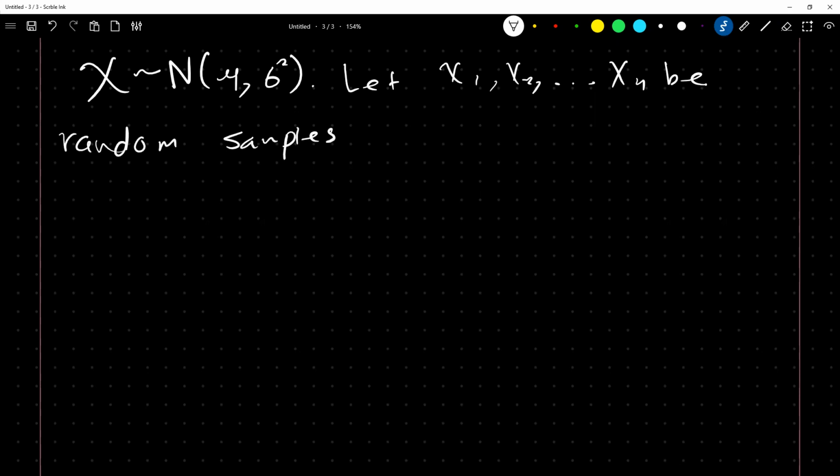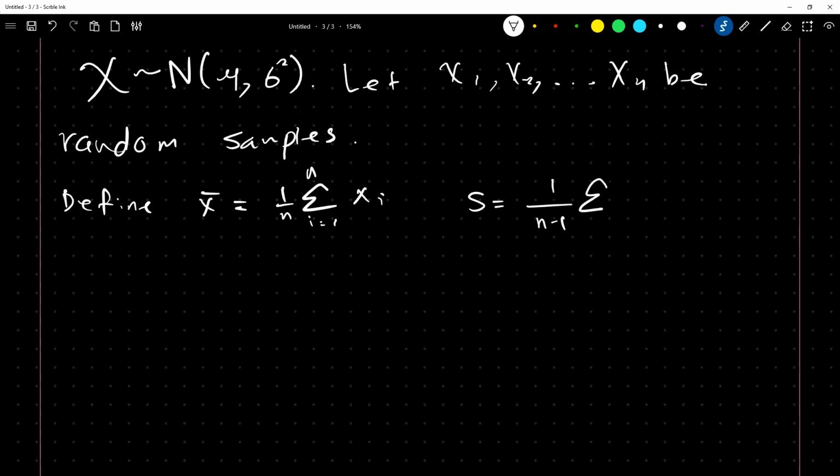And we're going to go ahead and define our sample mean to be what you normally would expect. And then our sample standard deviation will also be the typical sample standard deviation formula, like so.